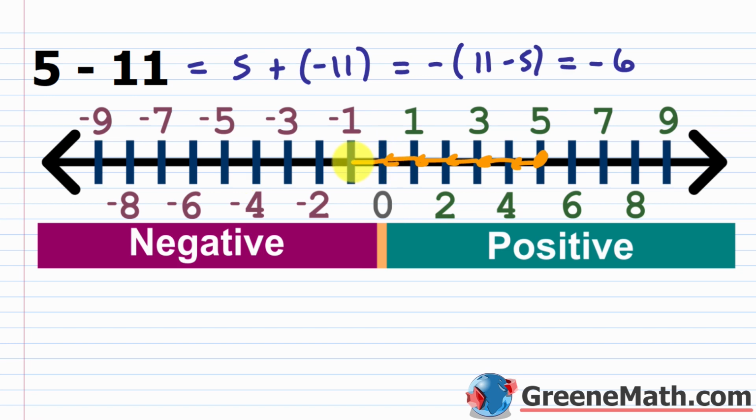So I'm going to go another 1, 2, 3, 4, 5, 6 units to the left to end up at negative 6. So basically, I started out with 5 and I added negative 11, or I took 11 away and I went 11 units to the left on the number line. So I end up at negative 6, or I owe $6 to the bank, however you want to think about that.